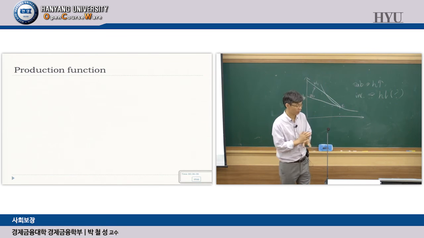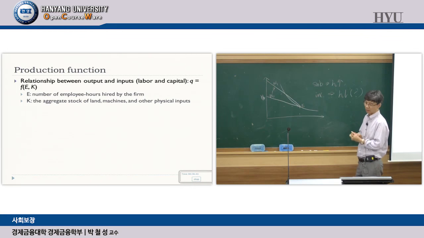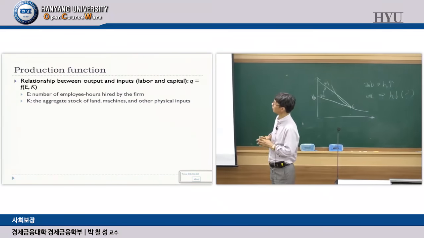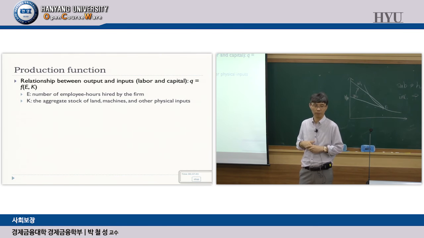So let's think of the production function first. In the standard model, we assume that there are two inputs, labor and capital, and the producer just makes something using labor and capital. So E is the number of employee hours hired by the firm. Employee hours just means the number of employees times the number of hours, so the total number of hours that employees put into the production process.